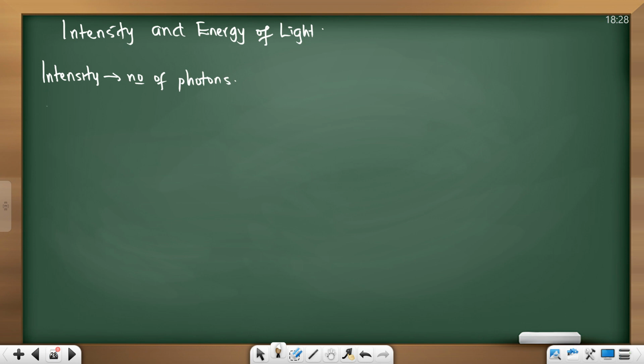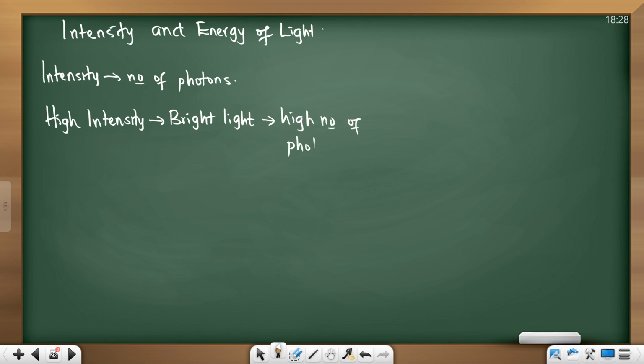So when you talk about high intensity, it refers to a bright light. And when we say a bright light, we are saying what? It contains a high number of photons. So when you see a bright light, the number of photons present are actually very high.